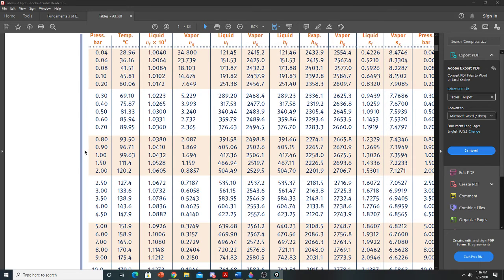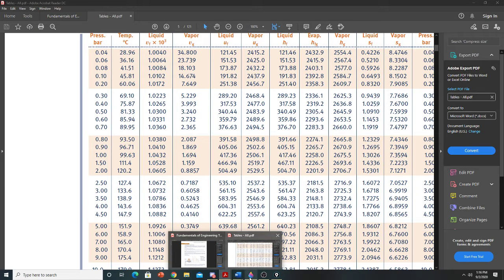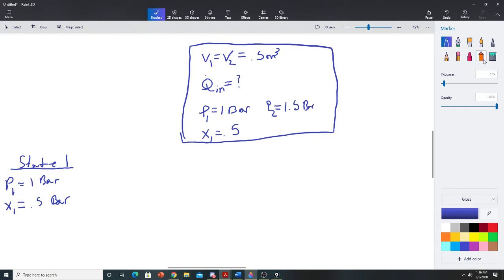It needs to be either temperature and quality, or pressure and quality, something like that. Because once you know pressure, you know temperature, and once you know temperature, you know pressure in this region. All right, so let's go back to the old paint. Can we find everything? The answer is yes.